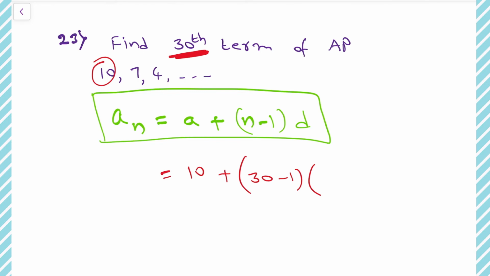What is the common difference in the question? Instead of giving the common difference directly, they gave it in the progression only. So from the progression we need to find the common difference, that is second number minus first number. So common difference is equal to second term minus first term, 7 minus 10, that is minus 3. So that minus 3 you write it here.